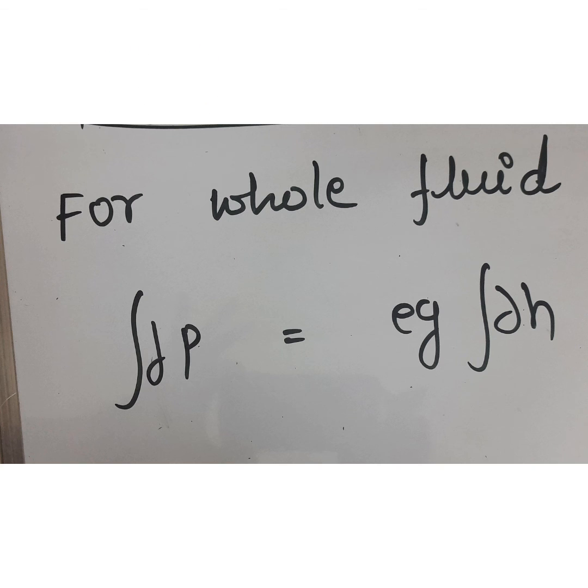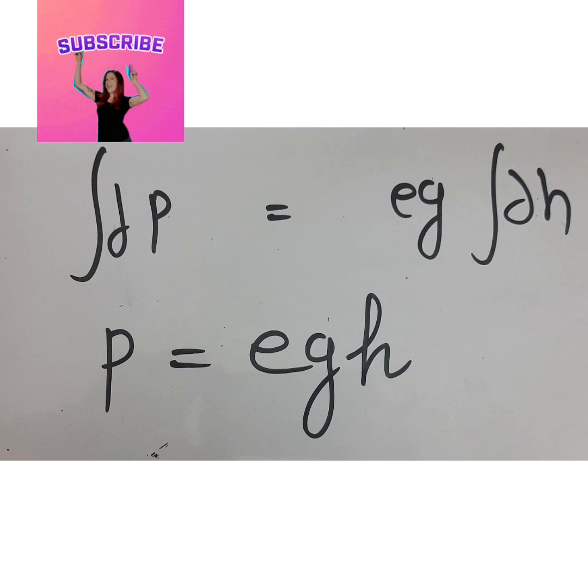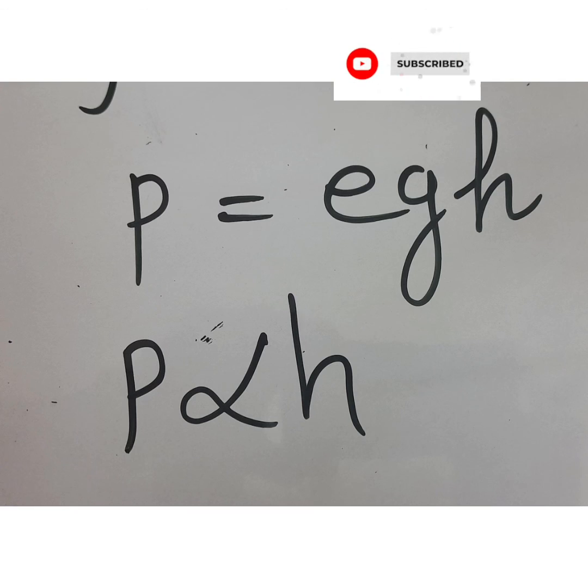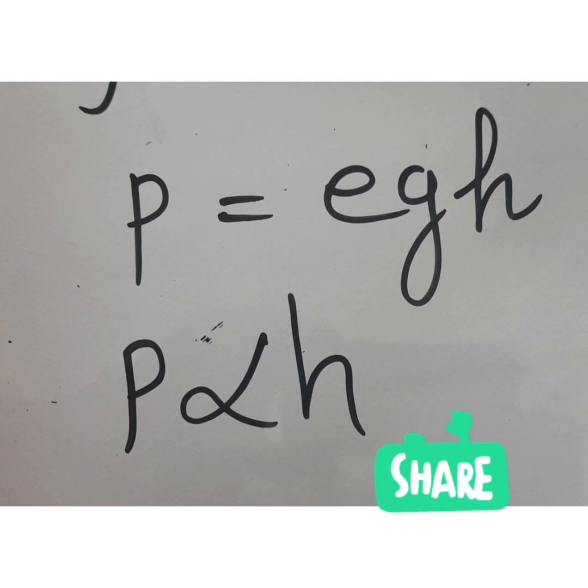Change in pressure is equal to rho g del H. So P is equal to rho g H. If rho g is constant, then P is directly proportional to H. So the change in pressure is directly proportional to height. So it is proved that when we go in a vertically downward direction, the intensity of pressure increases.